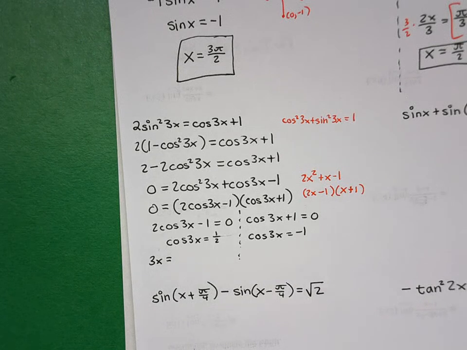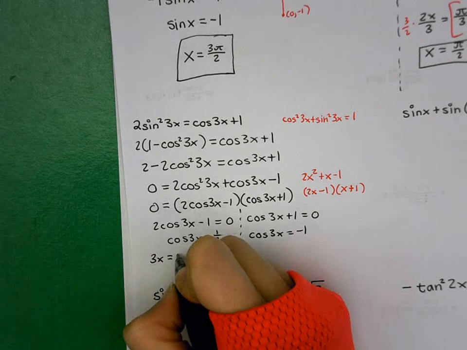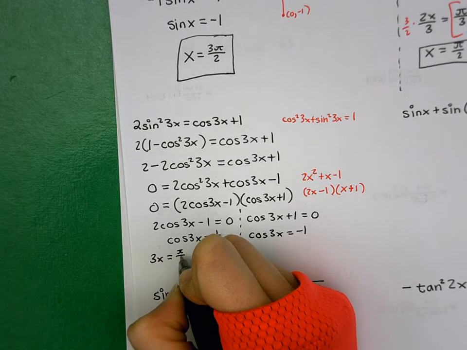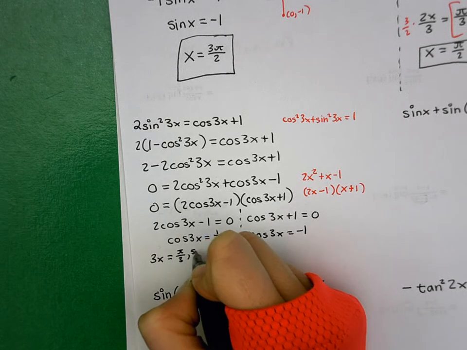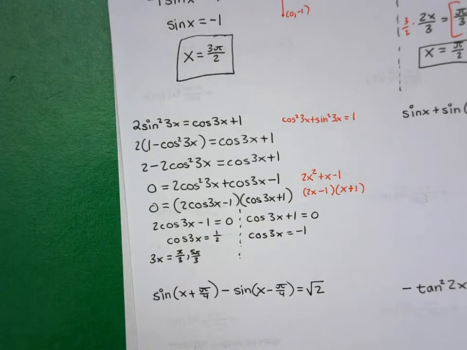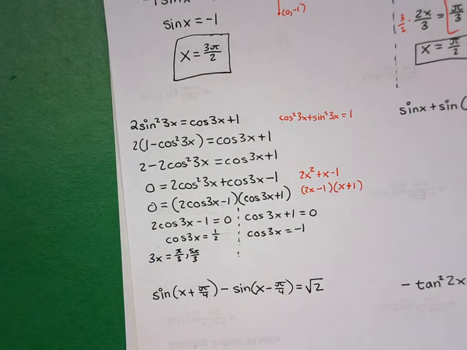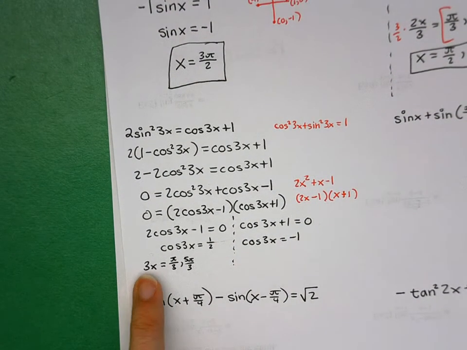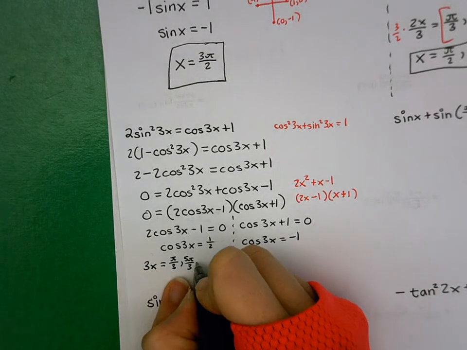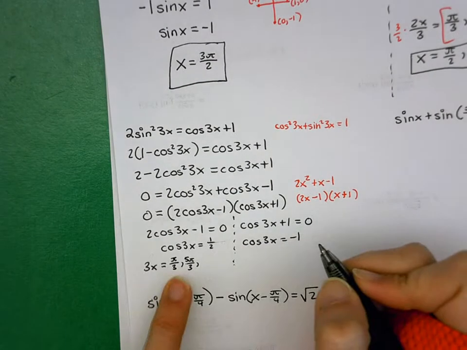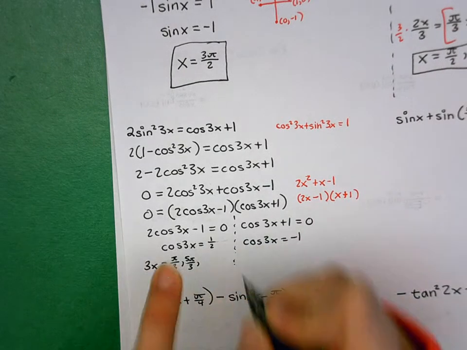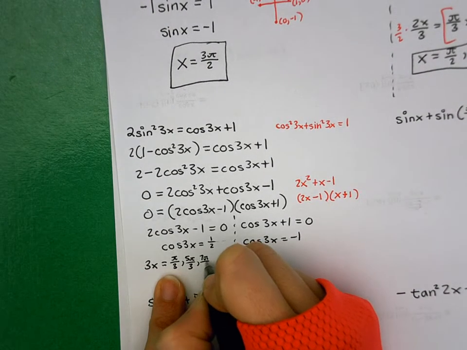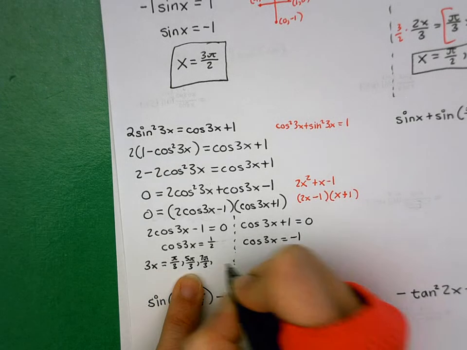Now we only want our cosine to be positive in this one, so we're only talking the first and the fourth quadrants. Right? But then this has 3 rotations in here. We're cosine 3x, so those are going to repeat 2 more times. That's 1 rotation, so we're going to add 2 pi to pi over 3. So that'd be 7 pi over 3. 2 pi here, 11 pi over 3.